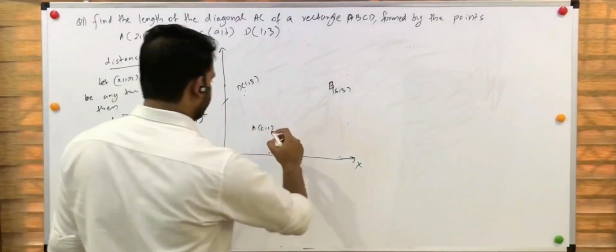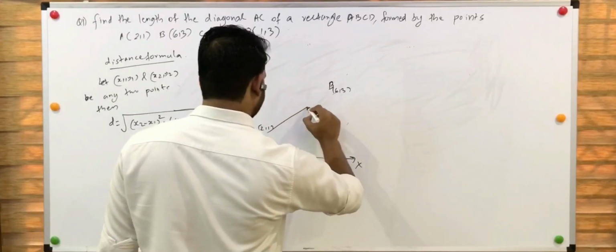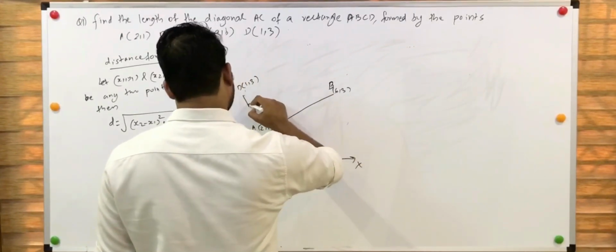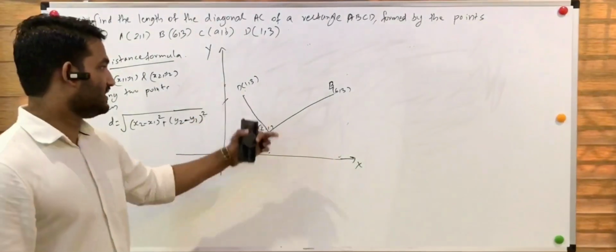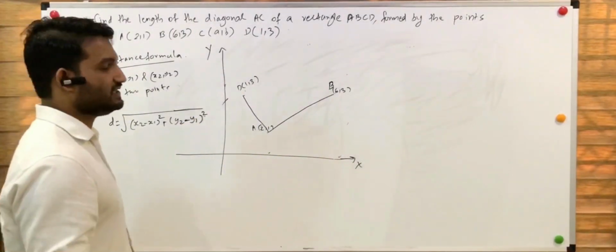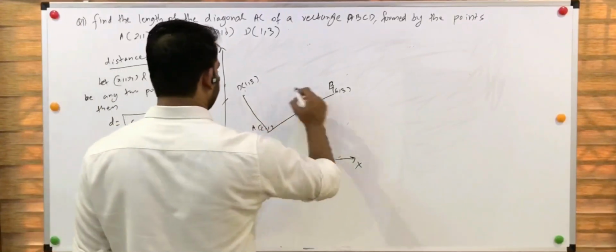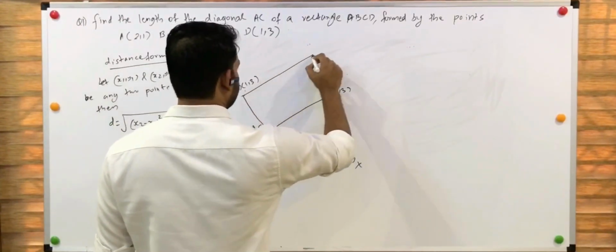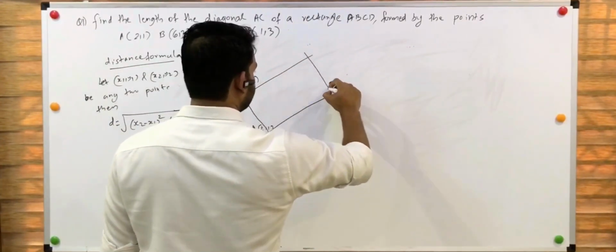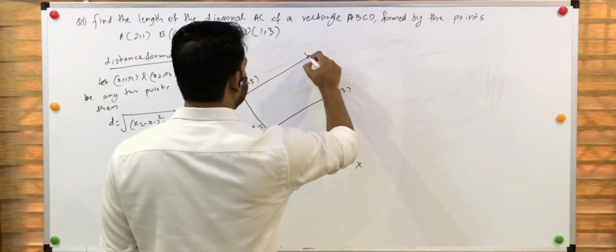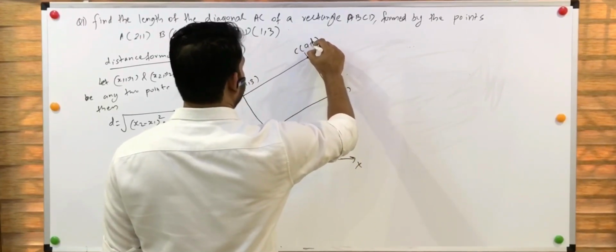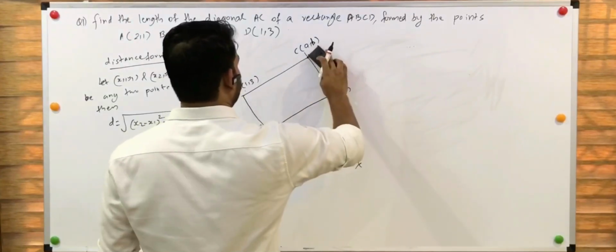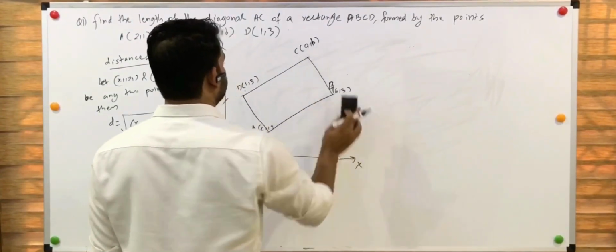Now just join those corner points to complete the rectangle. Do the same procedure as in the previous example. Draw parallel lines, and from here also draw parallel lines. The intersection point will give the coordinates of the point C. Okay.